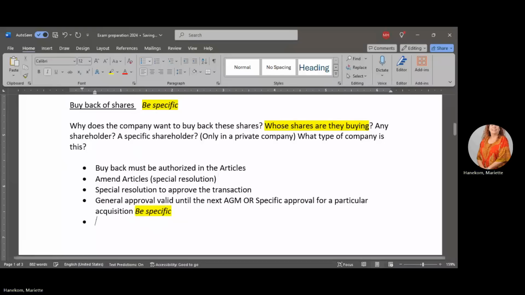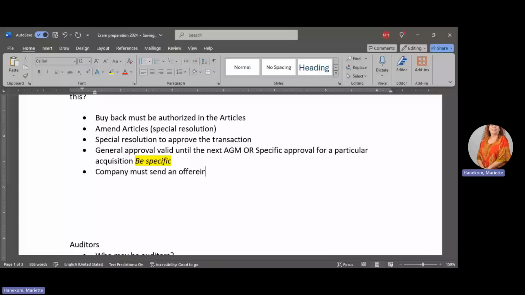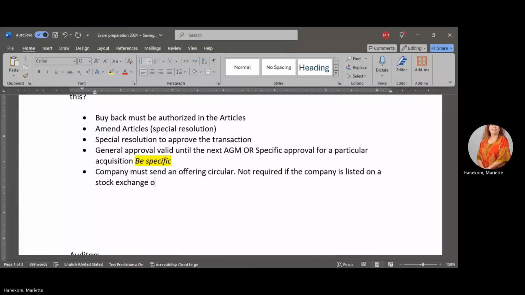After the special resolution has been adopted, it provides that the company must send an offering circular, which is not required if the company is listed on a stock exchange, or if the special resolution provides that it is not required.